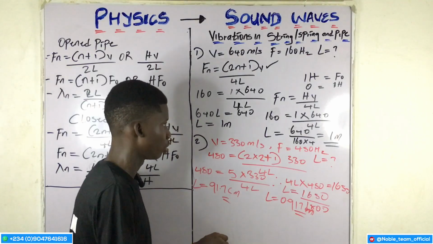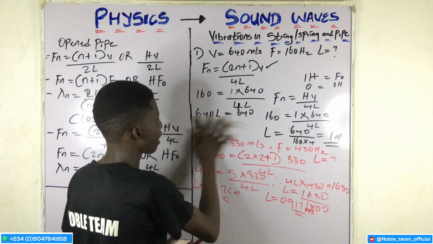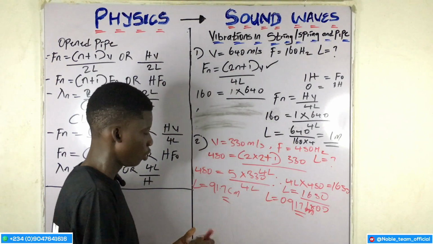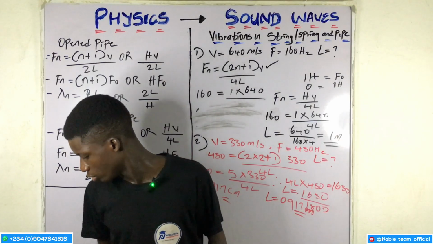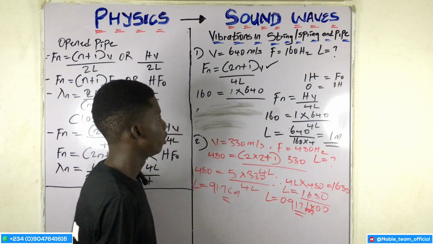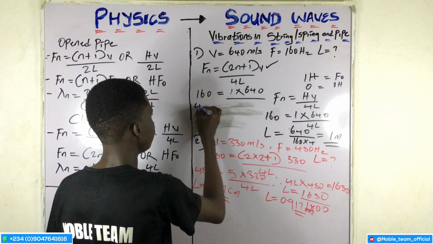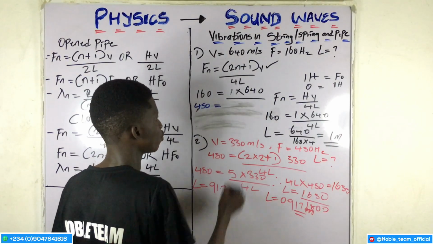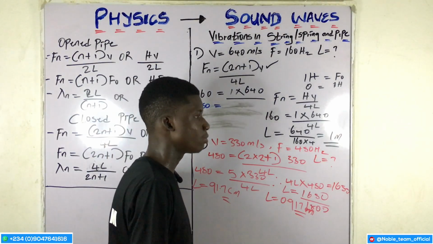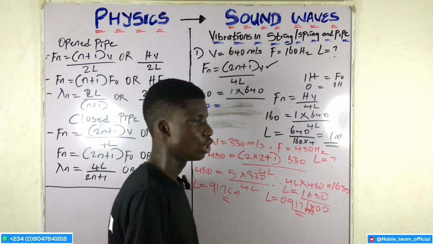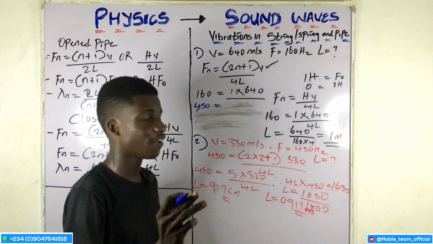Now using this formula, I don't have enough space again. Let me use my hand and clean this because we still wipe this off. Let me get blue. Okay, I have blue here. So now I have that F, which is 450, is equal to my harmonic. Now what is going to be my harmonic? Since they say second over 2, second over 2 is going to be 5 harmonic.